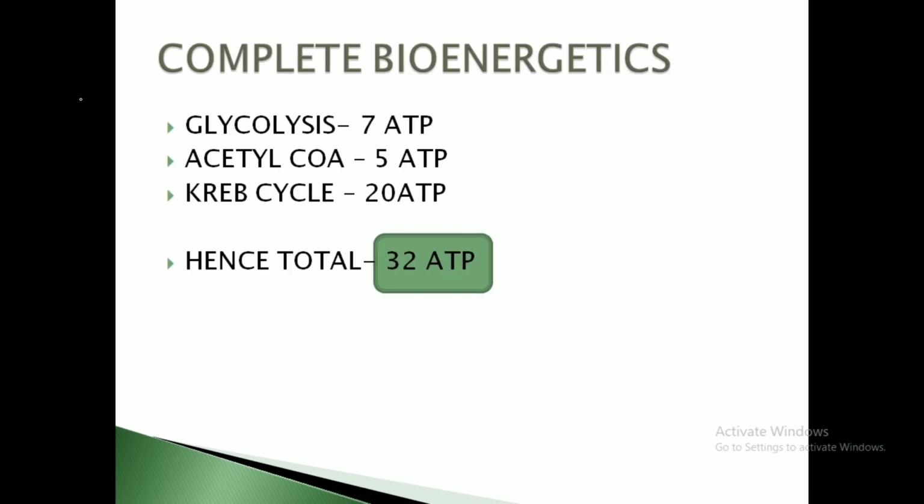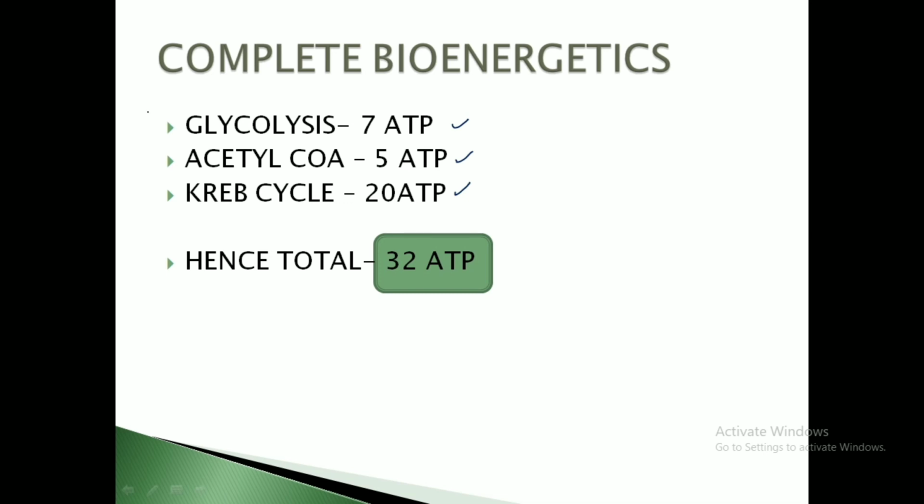So let's just go through the complete bioenergetics of the aerobic respiration. In case of glycolysis, we have 7 ATPs produced. In case of the acetyl coenzyme A, we had 5 ATPs produced. And in case of the Krebs cycle, we had 20 ATPs produced in total.